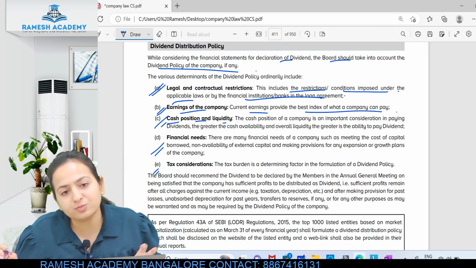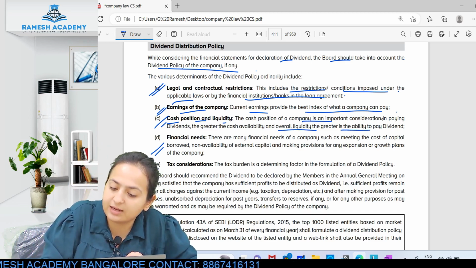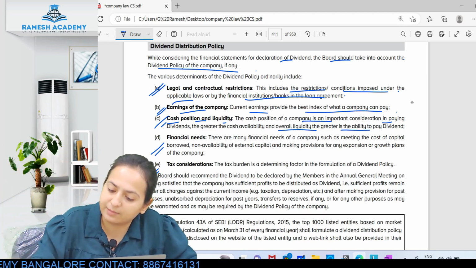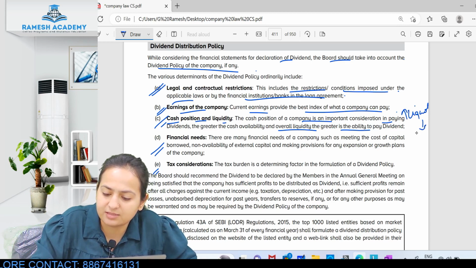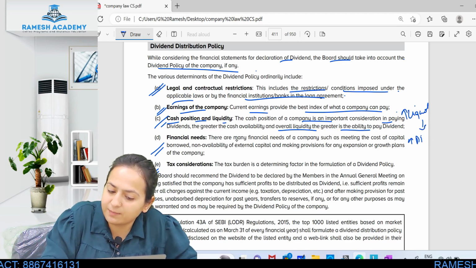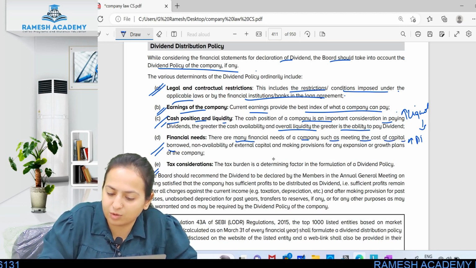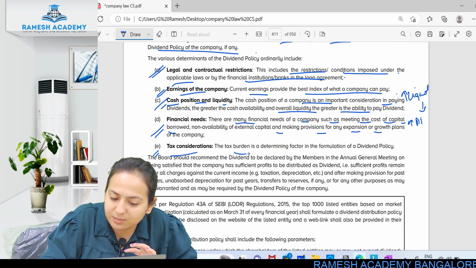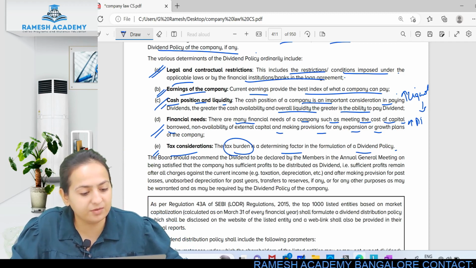What is the cash position and the liquidity of the company? Because the higher the liquidity, the higher you will be able to pay the dividend. So higher liquidity means higher dividend. Financial needs, there may be many, such as meeting the cost of capital borrowed or your external capital. Then tax burden is a determining factor for the determination of the dividend policy.